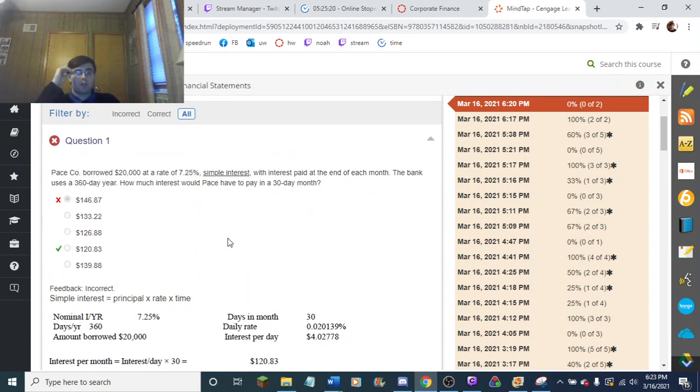So the nominal interest per year is 7.25. The days in a month is 30. The days per year is 360. The daily rate, do they just do the nominal rate divided by 30? Is that what they did for that one?